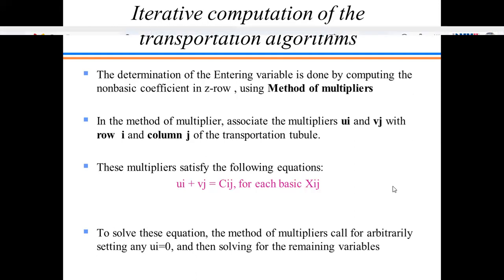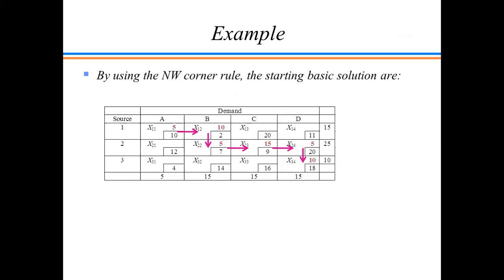And we will implement this formula for each basic variable, ui plus vj equal to cij. To solve the equation, the method of multiplier calls for arbitrarily setting any ui equal to 0 and then solving the remaining variables. Usually we will set u1 equal to 0. So I will explain to you using the example.